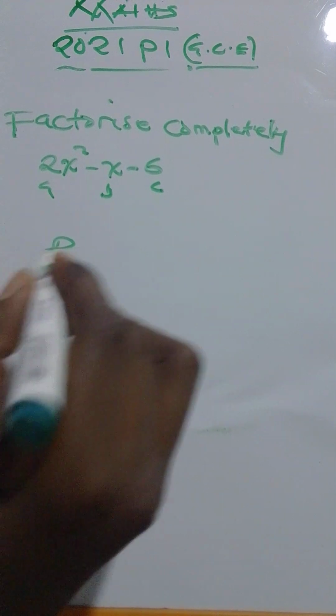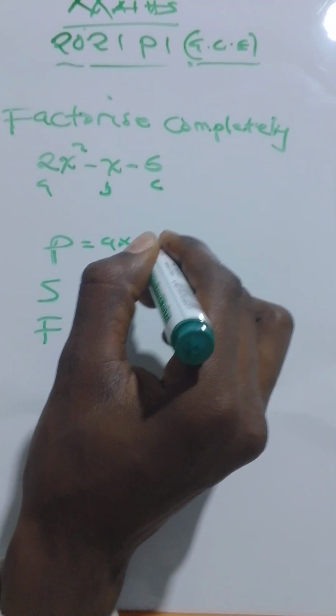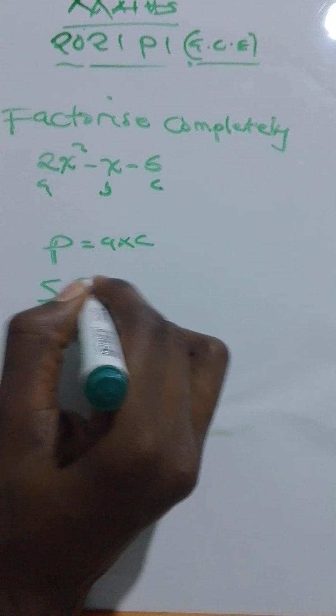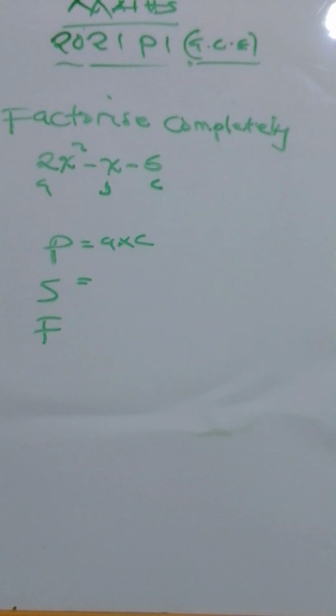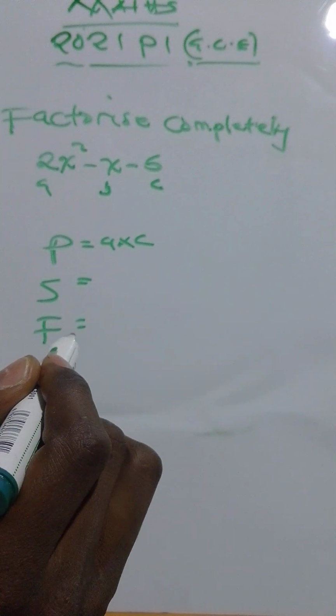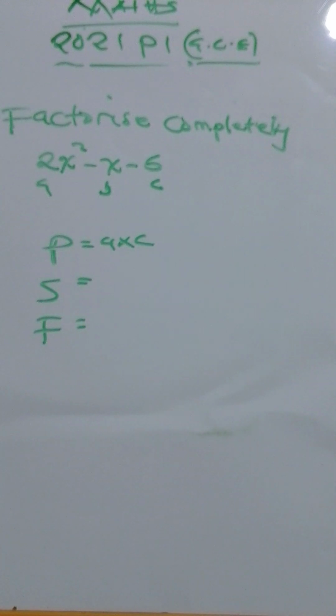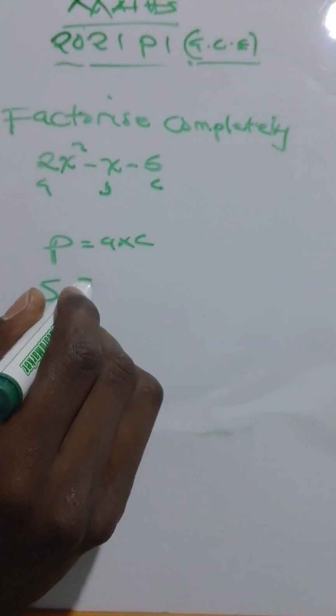So product means you multiply the first part and the last part. Then sum is the number which is found in the middle. Then factors, which two numbers can we multiply to get the value for the product. The same numbers, after we add them, we find the sum.